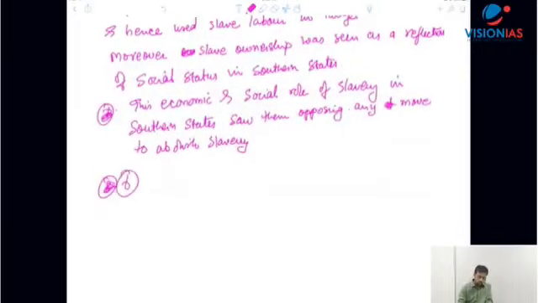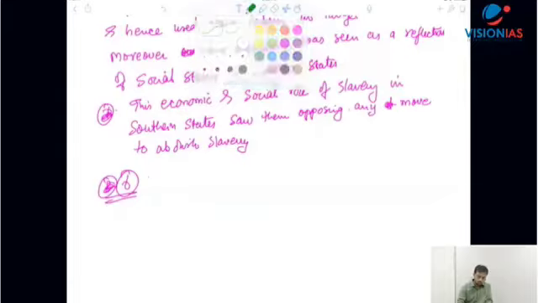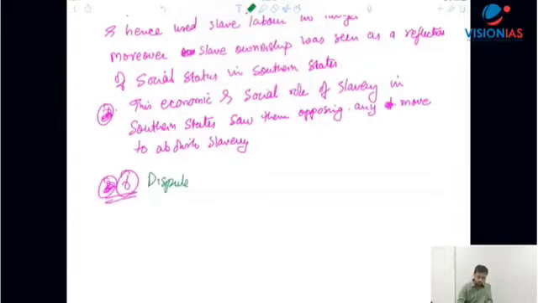The second issue is the dispute over the existence of a right to secede.